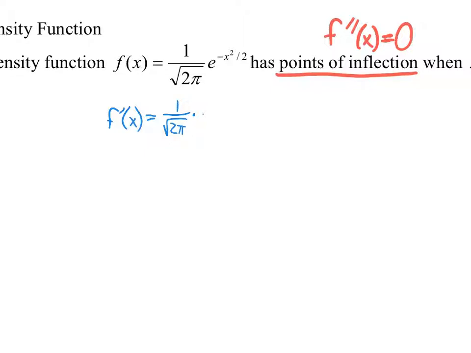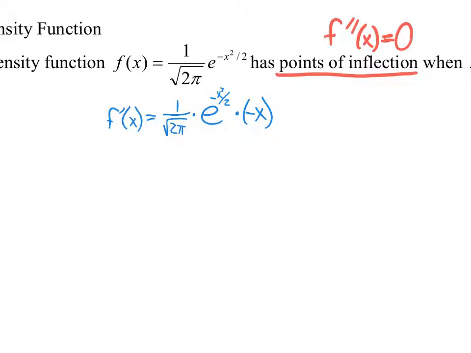We put down the same thing, e to the negative x squared over 2, times what? Negative x. Yeah, it's going to be a negative 2x over 2. So that's times a negative x. So that's our first derivative.